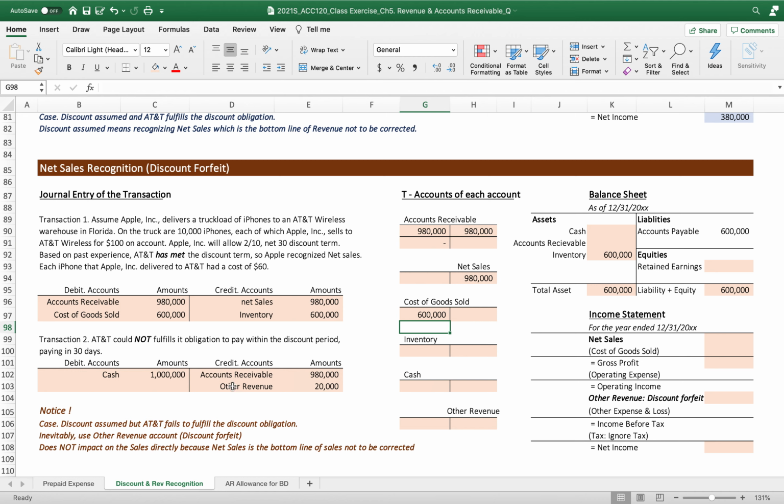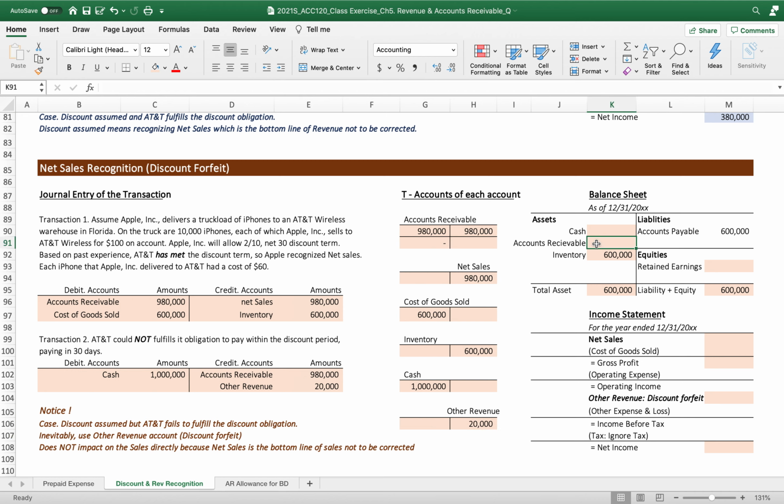So there's no minus on the T account and the journal entry, but the balance sheet and income statement can have a negative based on a contra account or an expense. Inventory out on the credit, cash received 1 million, and then other revenue 20,000.